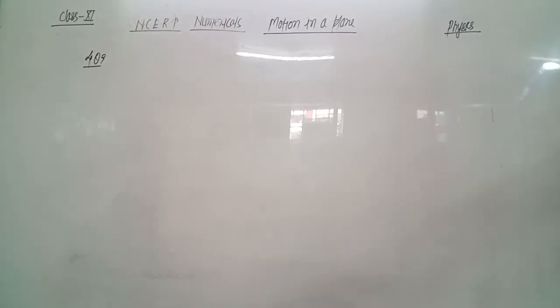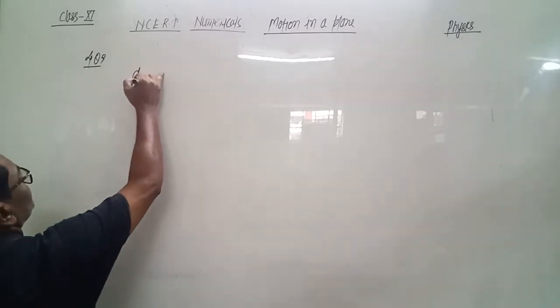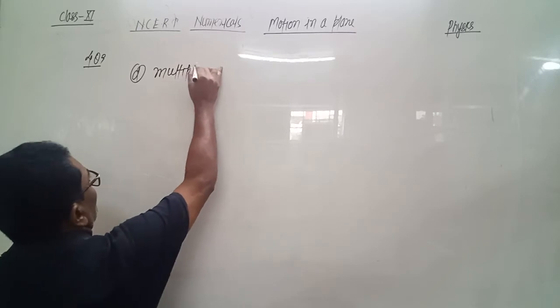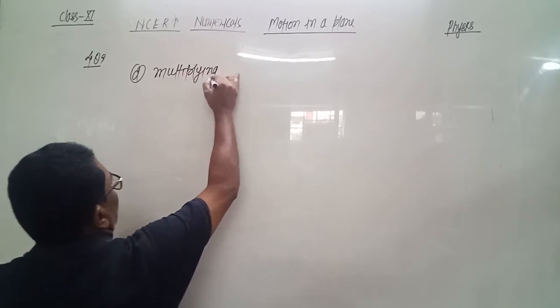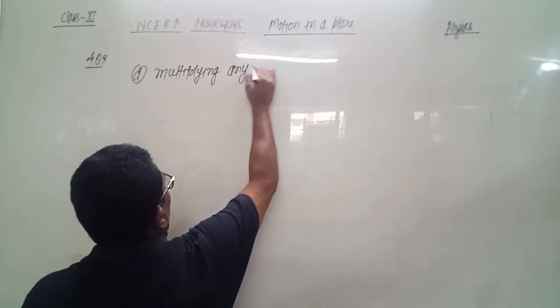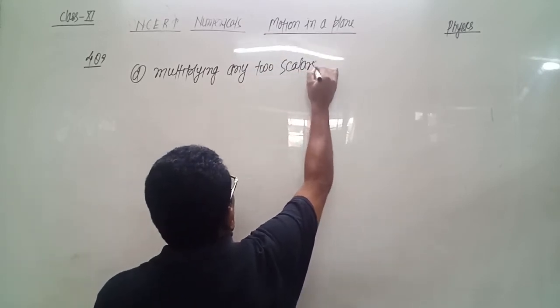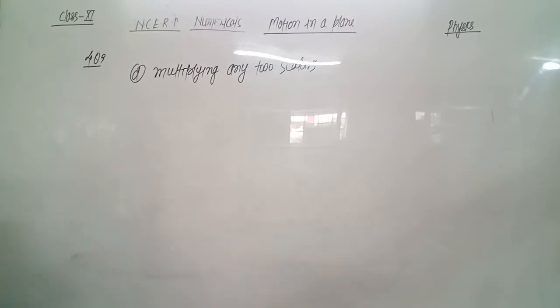Part D. Multiplying any two scalars. We have to say whether it is meaningful or not.